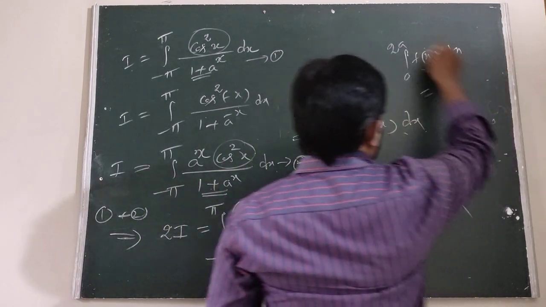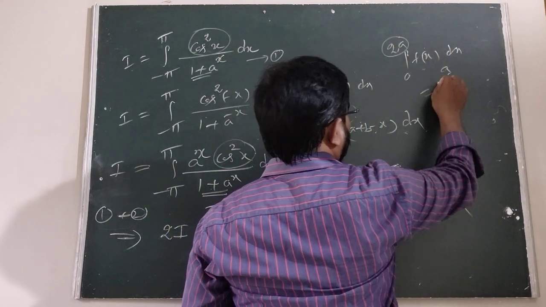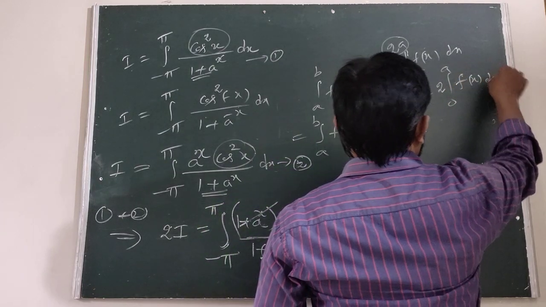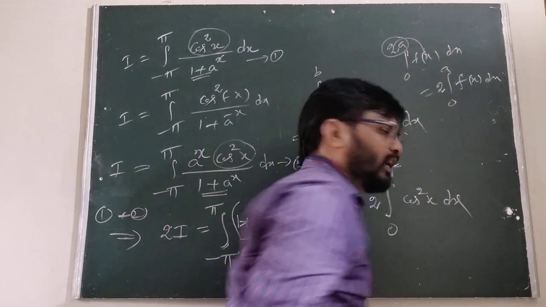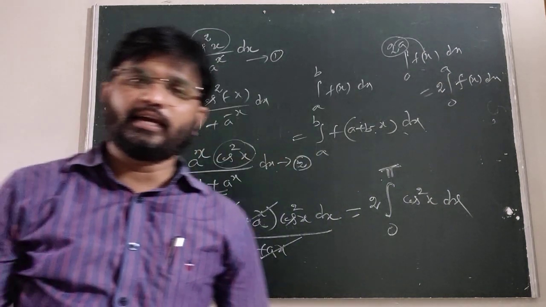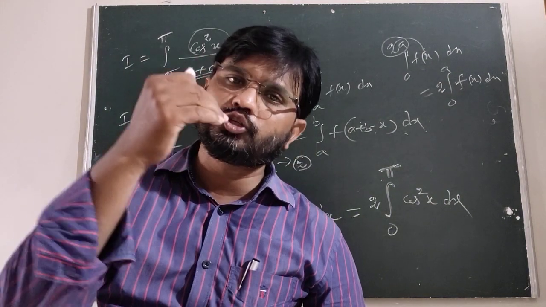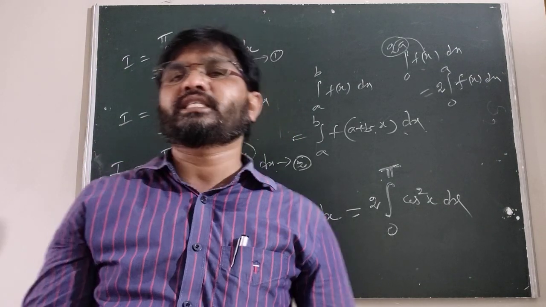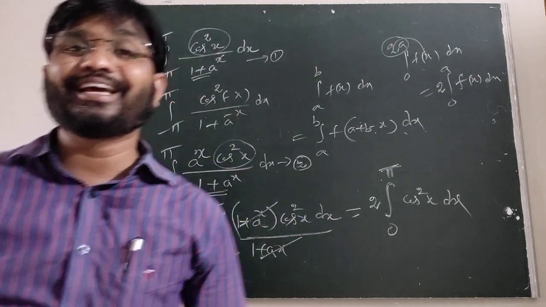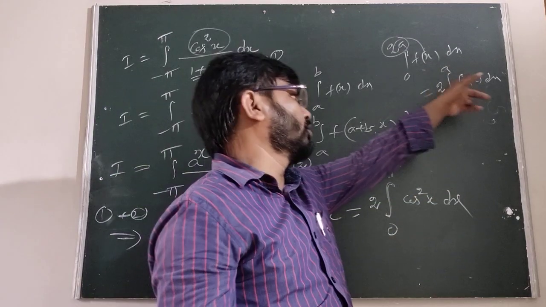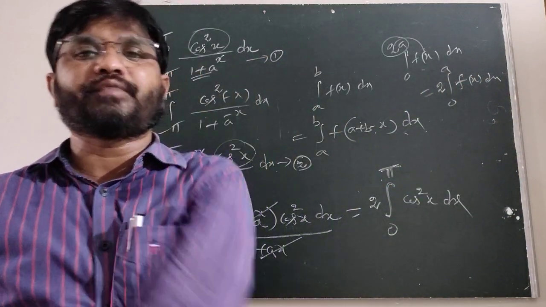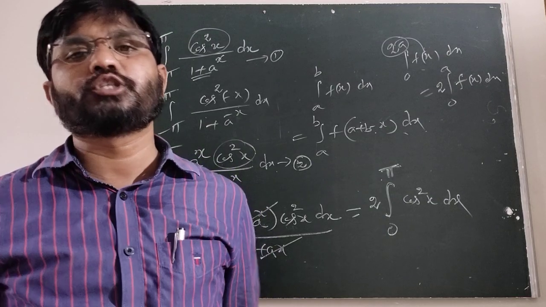When we take 2a, we can write it as twice into f of x dx, if f of 2a minus x is f of x. Another property: the integral 0 to 2a f of x dx, if f of 2a minus x is f of x, we can write twice the integral 0 to a f of x. If f of 2a minus x equals minus f of x, then it will be 0.